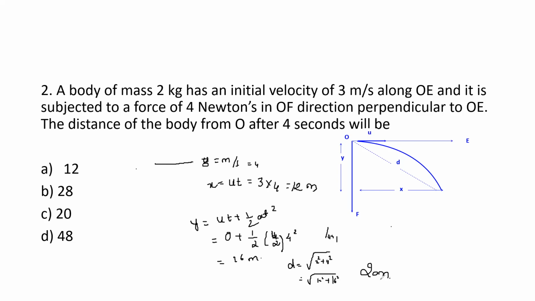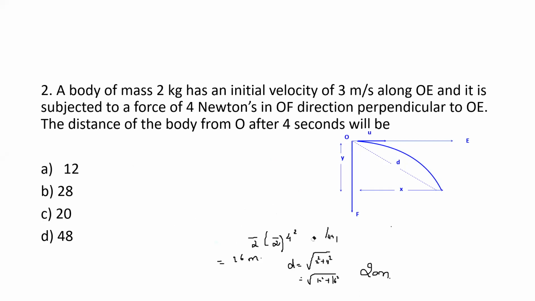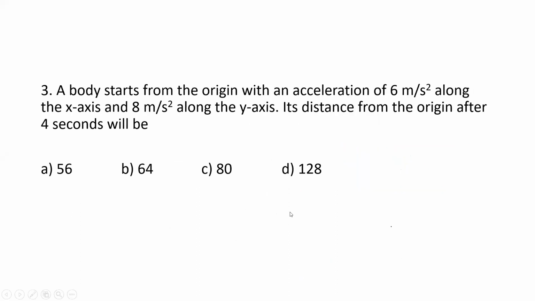Then next question. A body starts from the origin with an acceleration of 6 meter per second square along the x-axis and 8 meter per second square along the y-axis.